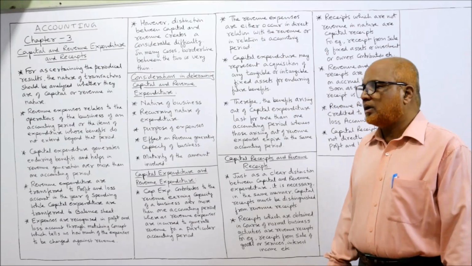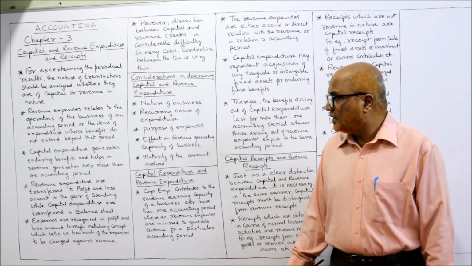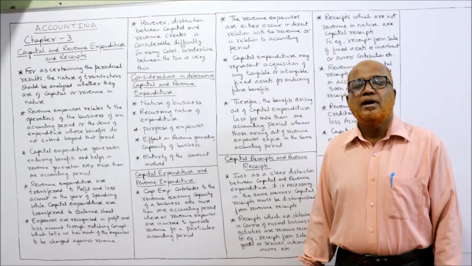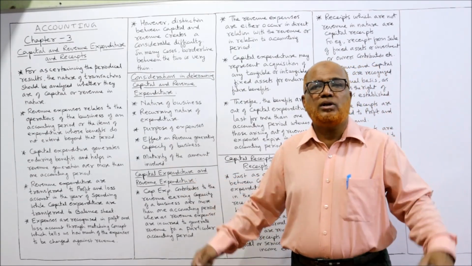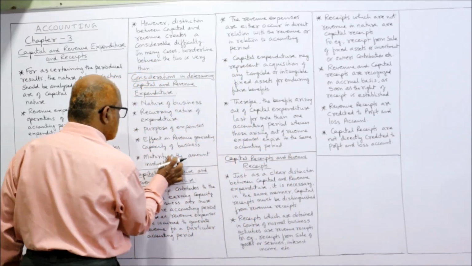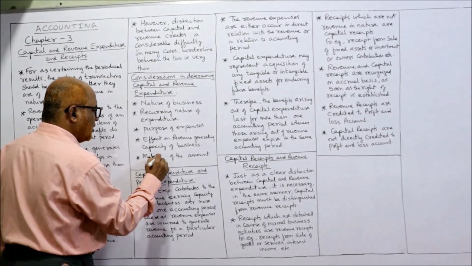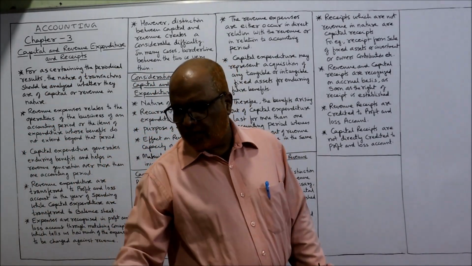Last one, materiality of the amount involved. Sorry, actually maturity is given here, but the concept is materiality. I will make the correction here: materiality of the amount, not maturity. That means how much is the amount involved.